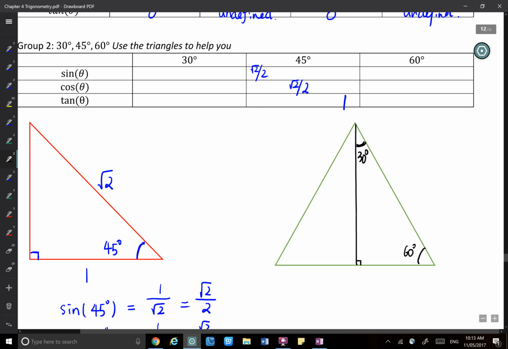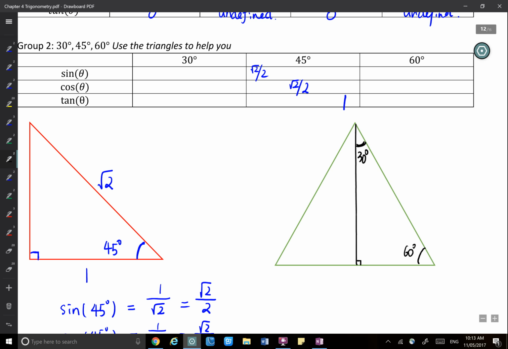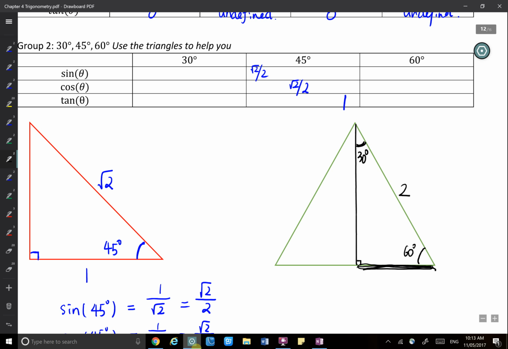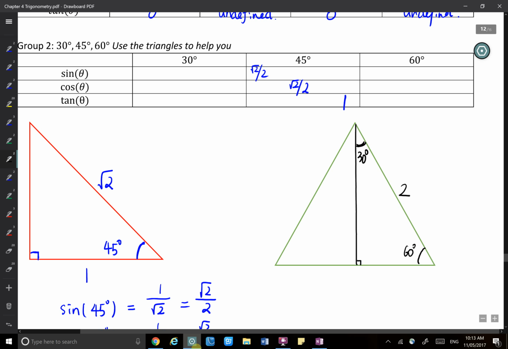Okay, if we say we have a side length of 2, the hypotenuse is 2. What's the length here? 1? Half of that. What's the height?